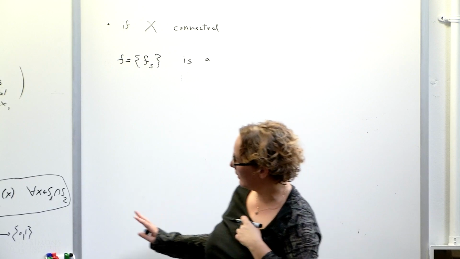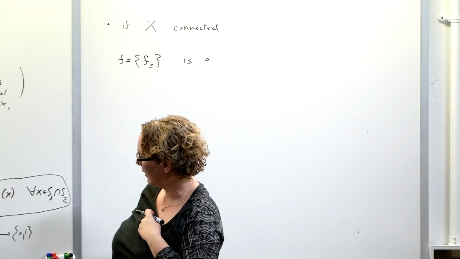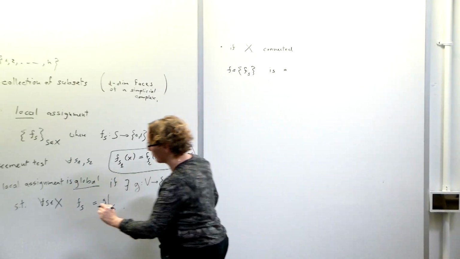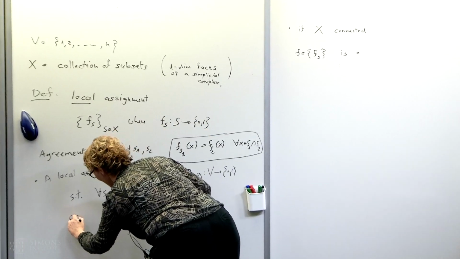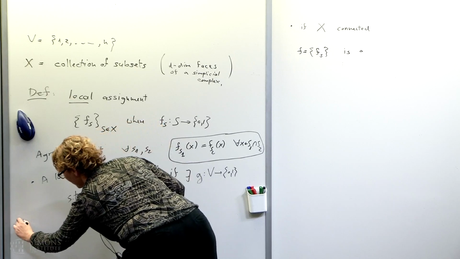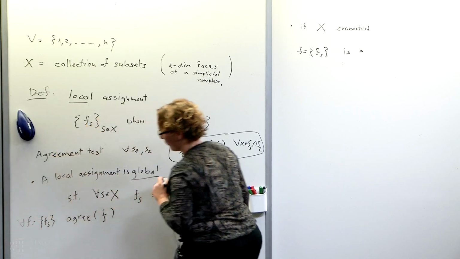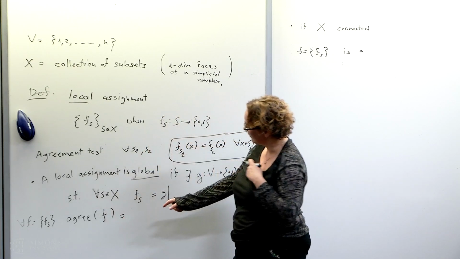Sorry, I need to define one more thing. So I defined what an agreement test is. And what I want to also define is this parameter. The agreement of F, so now for every F, it is a collection of these local functions, a local assignment. Agreement of F, what is this going to be?